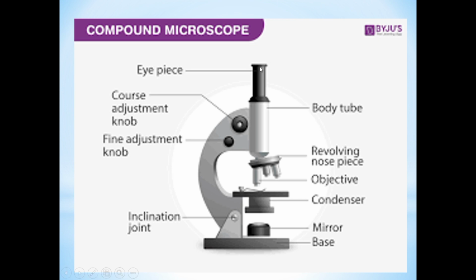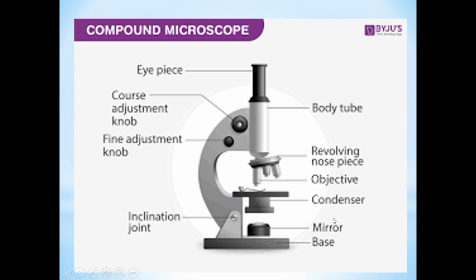In this picture, you see the compound microscope. This is the eyepiece of the microscope. It has a lens, and this is known as the body tube of the compound microscope. This screw is the coarse adjustment screw. This is the fine adjustment screw. This is the arm of the microscope. This is the revolving nose piece, and these are various types of objectives. Here is the cover slip.